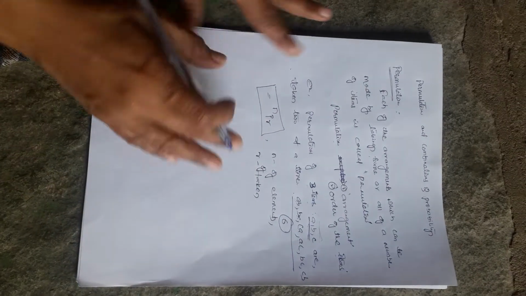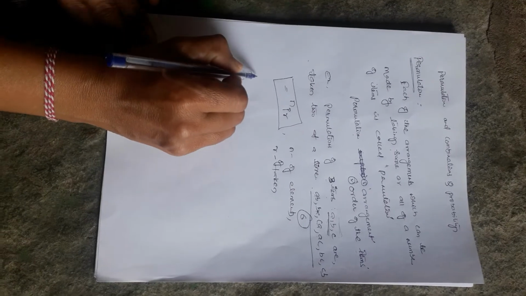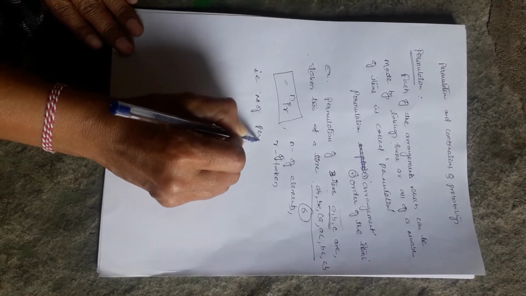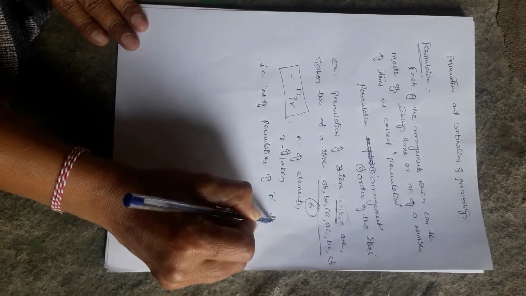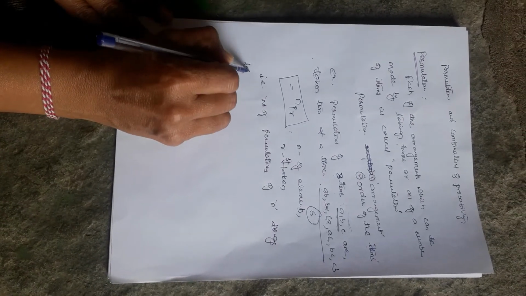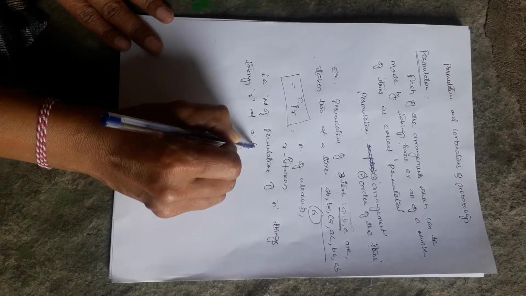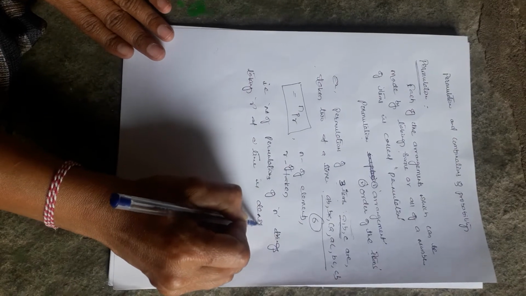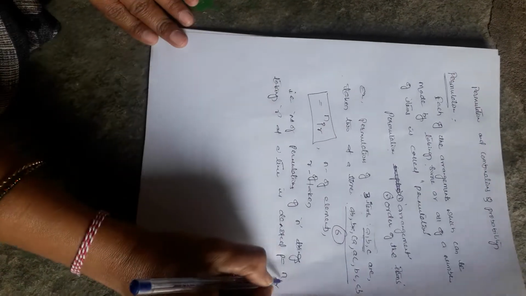The number of permutations of n things taking r at a time is denoted by P, that is nPr.